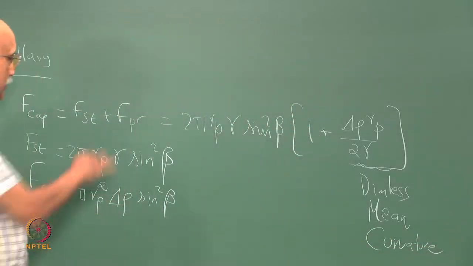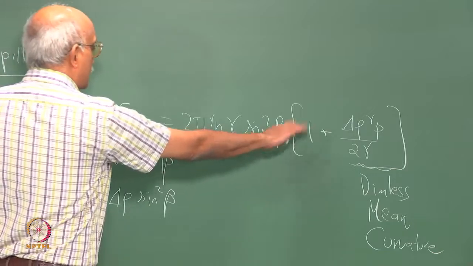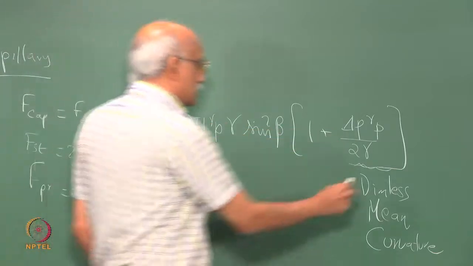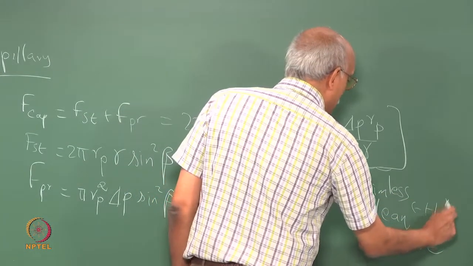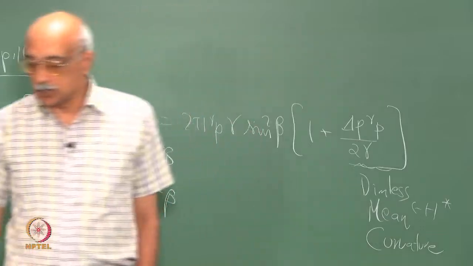And so you can basically write this expression as 2 pi rp gamma sine squared beta times 1 plus, this is designated as some h star, 1 plus h star.